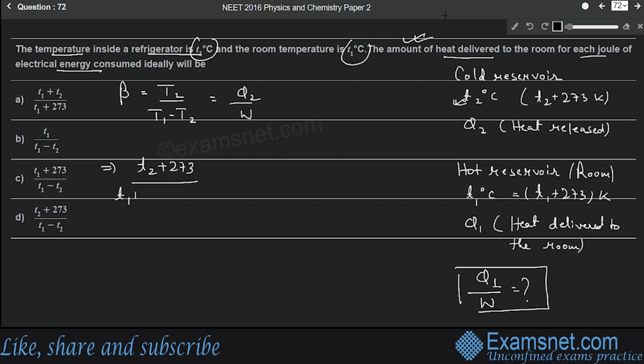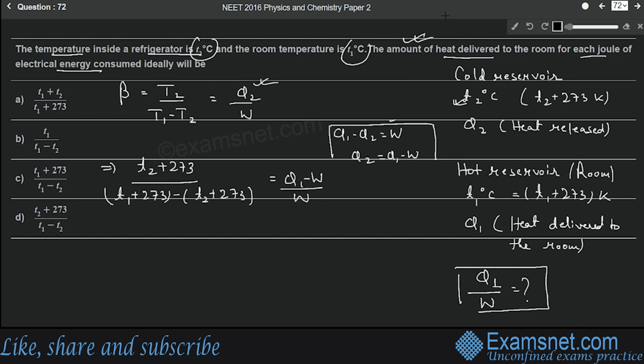That means T1 plus 273 minus T2 plus 273, and on this side we have Q2 by W. Now we know that Q1 minus Q2 is equal to W. Work done is equal to Q1 minus Q2. So in place of Q2 we can write Q1 minus W, right?